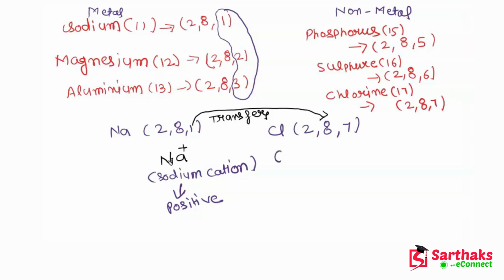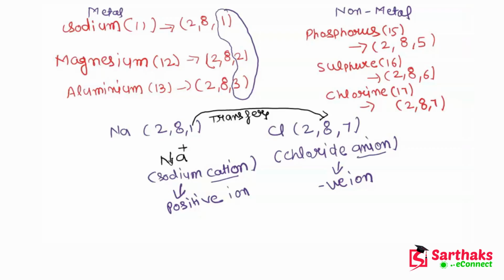And for negative, we use this term anion. Chloride anion. For positive, we use cation, but for negative, we use anion.